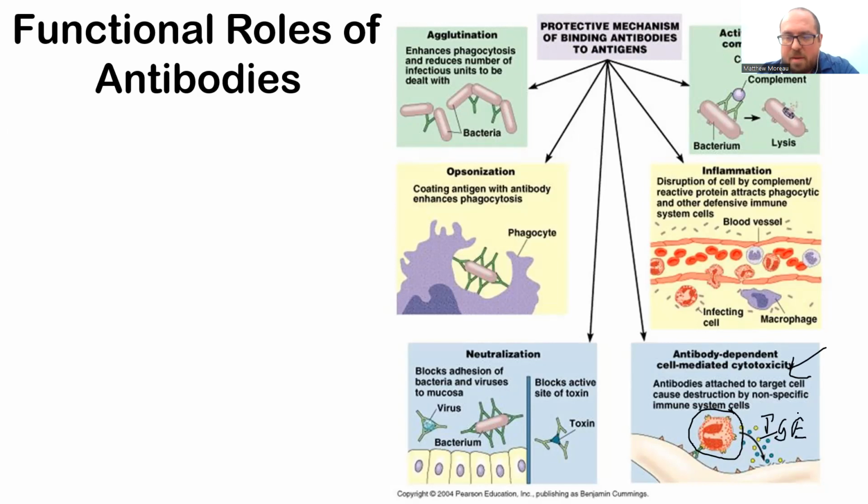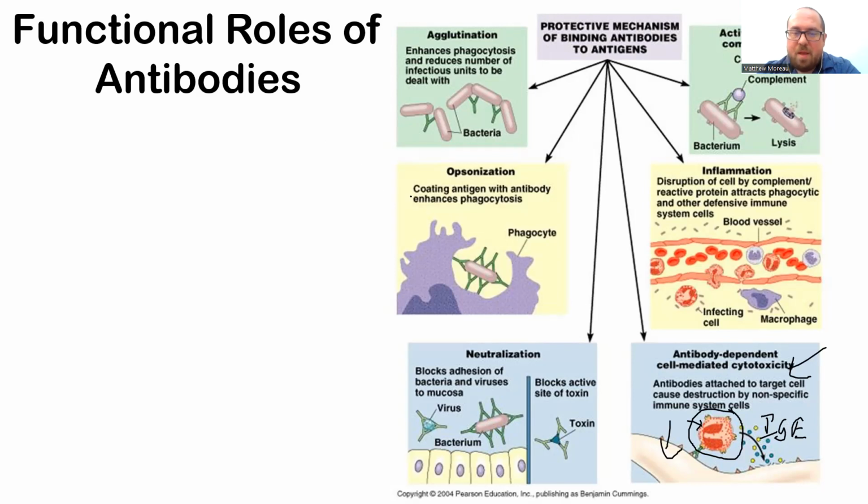There are some exceptions to that rule, but again, by and large, this is IgE mediated functionality, but this is an eosinophil, and it's releasing granules to kill a helminth, as you see here. It's a worm.